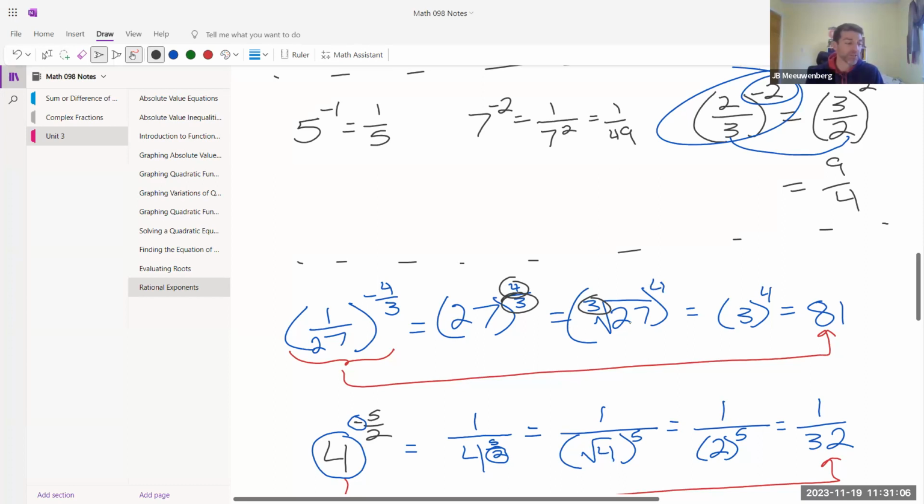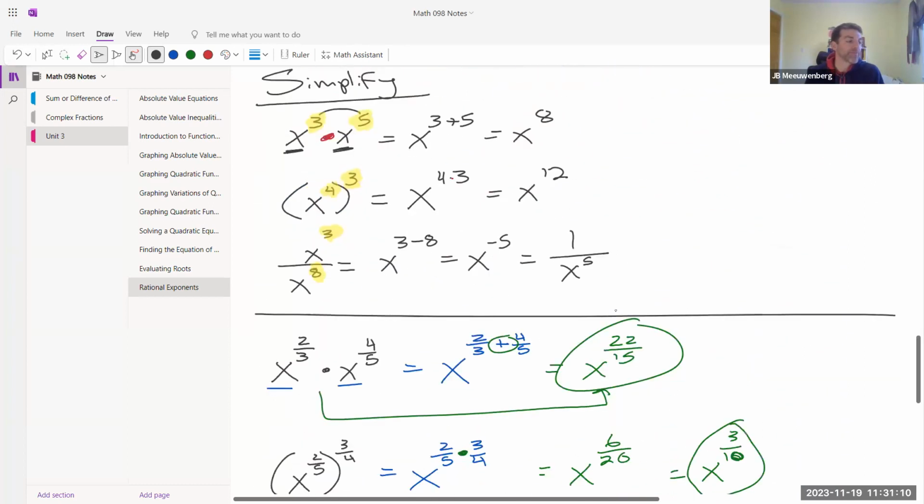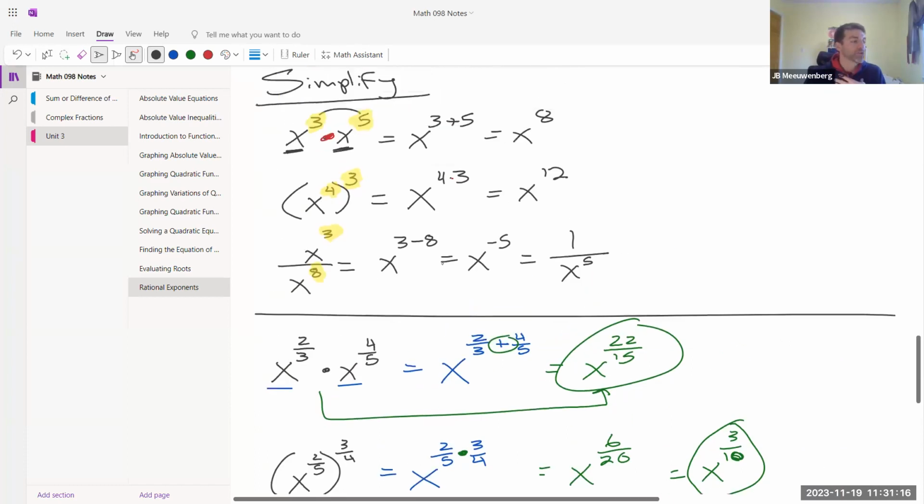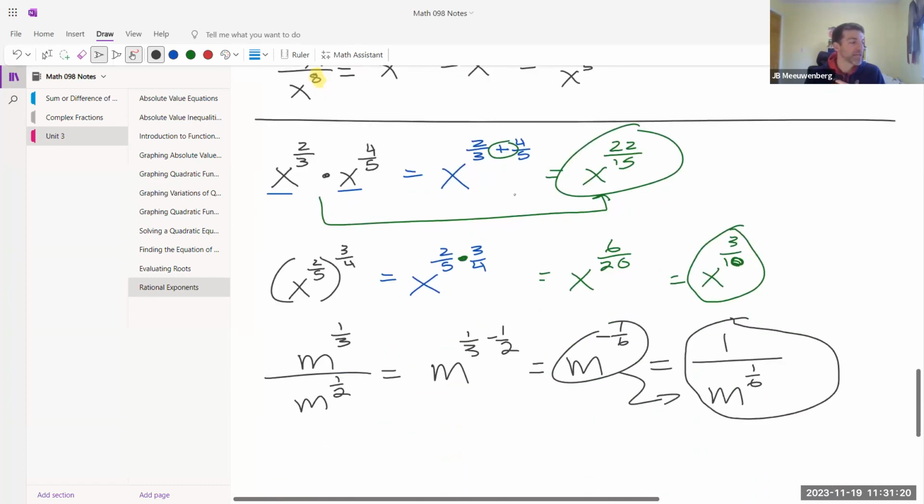And then you take the root and then whatever power you need to. And then finally, we put variables in there and apply the same exponent rules that we had seen in the past when we are trying to simplify these expressions. If it's the product rule, we add the exponents. If it's the power rule, we multiply the exponents. If it's the quotient rule, we subtract the exponents.